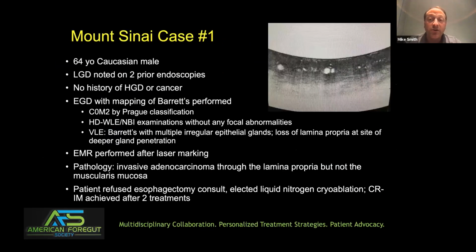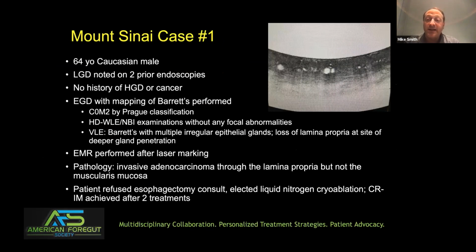And in fact, I want to show you two cases where I used laser marking that sort of highlight this point for finding dysplasia. This is a gentleman, 64 years old, who came to me for recurrent low-grade dysplasia from his primary gastroenterologist. He had a very normal-looking C0M2 PROG classification Barrett segment with nothing on the high-definition white light or NBI exam.